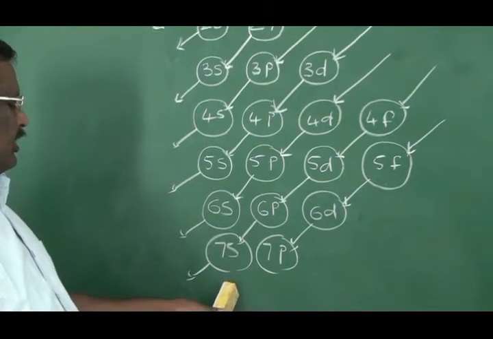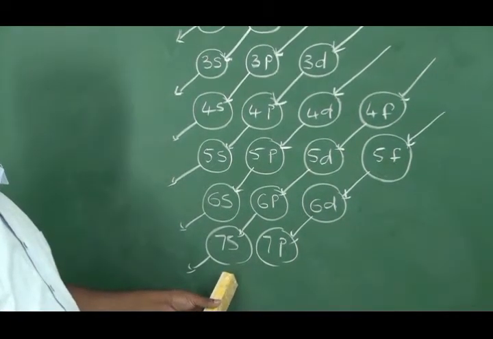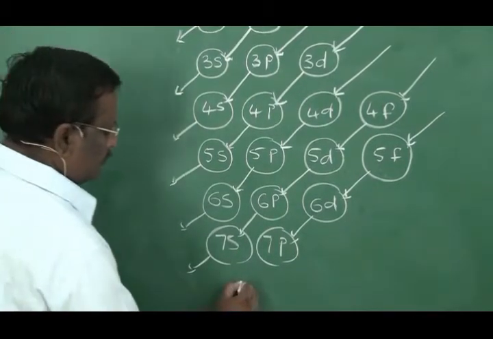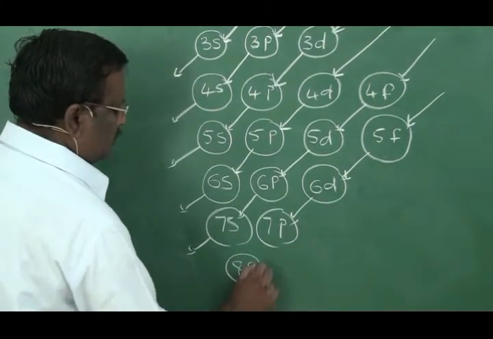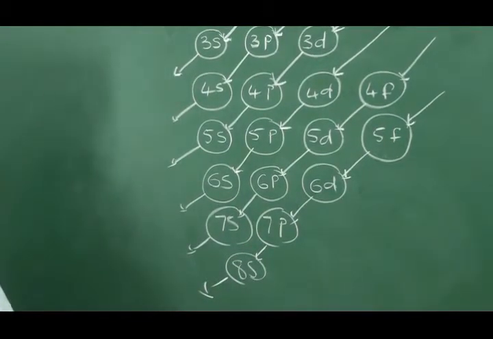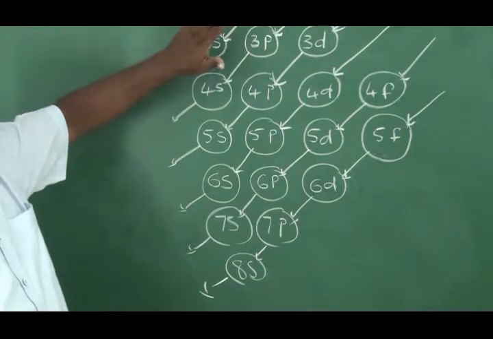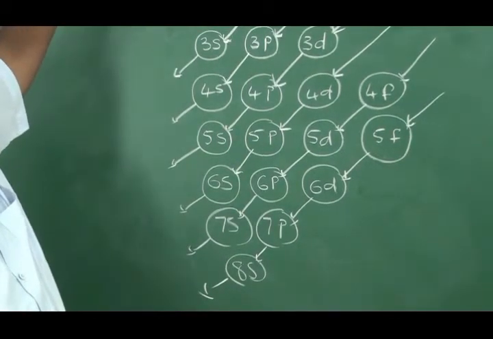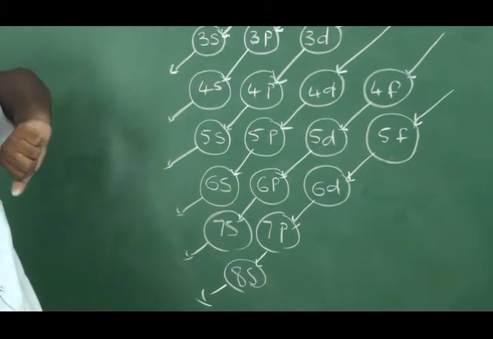Though, suppose if you write here 8s, there is no need for even 8s. That's why I am not writing. Or if you want, you can write it. But there is no need for this orbital. All these orbitals are sufficient even for the element with 116 atomic number.